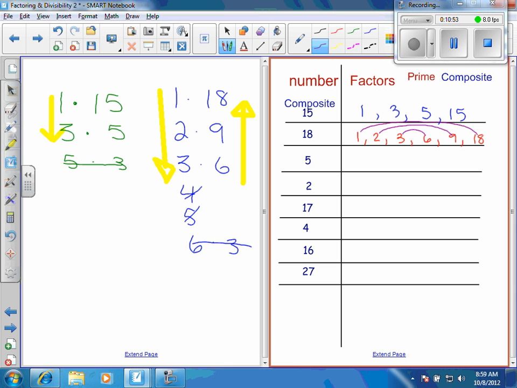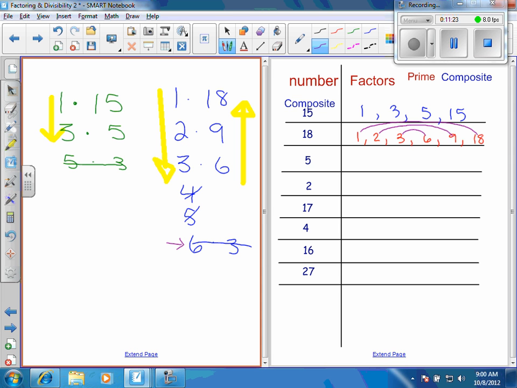Kyle, did you have a question? I see that you already did that with the 6 times 3 technique, but because you already did 3 times 6, you don't need to do 6 times 3. Right. So what I'm trying to show you is once you start getting a repeating pattern, if you've gone through all the numbers, you should have found all the factors.